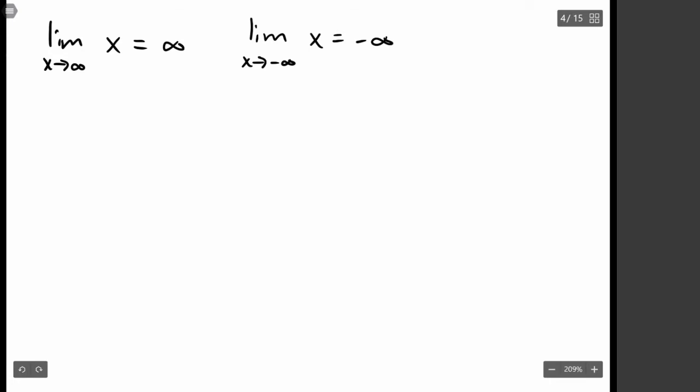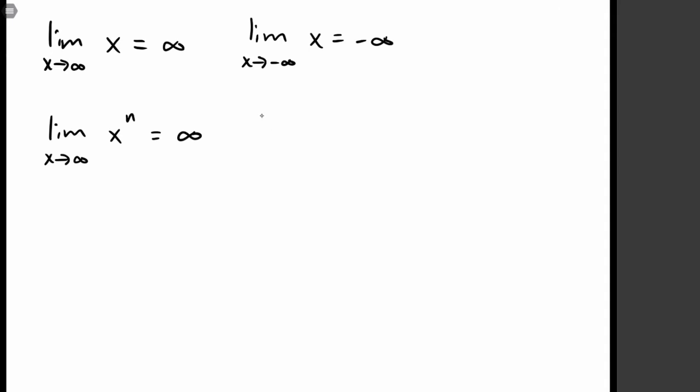These are the things you would probably expect to happen. Let's look at the limit as x goes to infinity of x to the n, right? Now, if we're going to positive infinity, then no matter what, this is infinity.